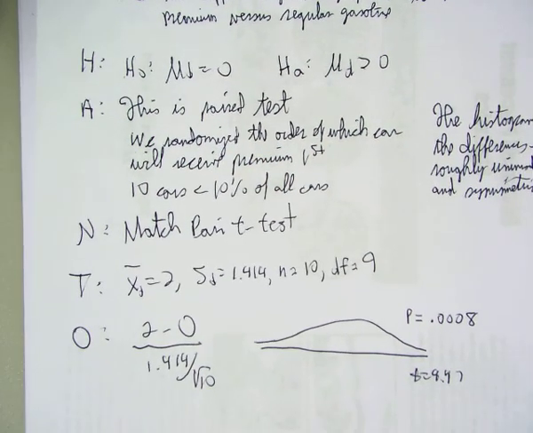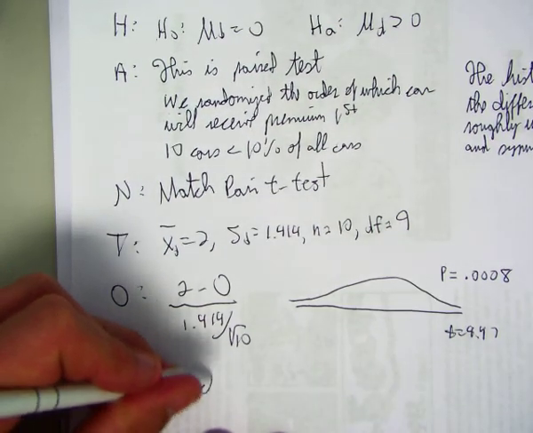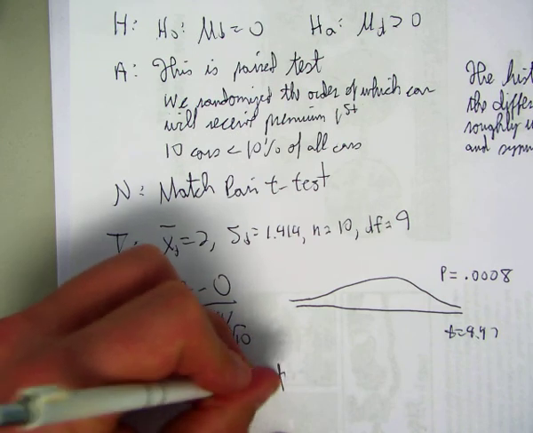3 zeros. So make the decision: reject H sub 0 at the 0.05 level.